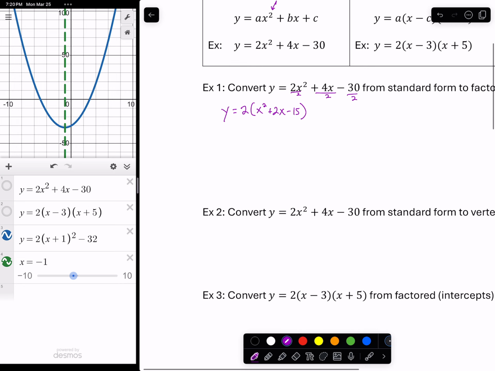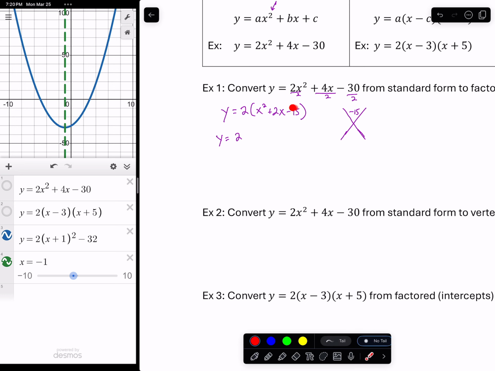Okay. Now I look at the leftovers and see if I can factor further. This is a trinomial inside of there, so we need to do FOTAP. I'm sorry for Miss Rozicki's students, I might mess this up because I don't do it the same way you do it, but I'm going to try. So we're looking for factors of negative 15, because the A, which is 1, times the C gives negative 15.